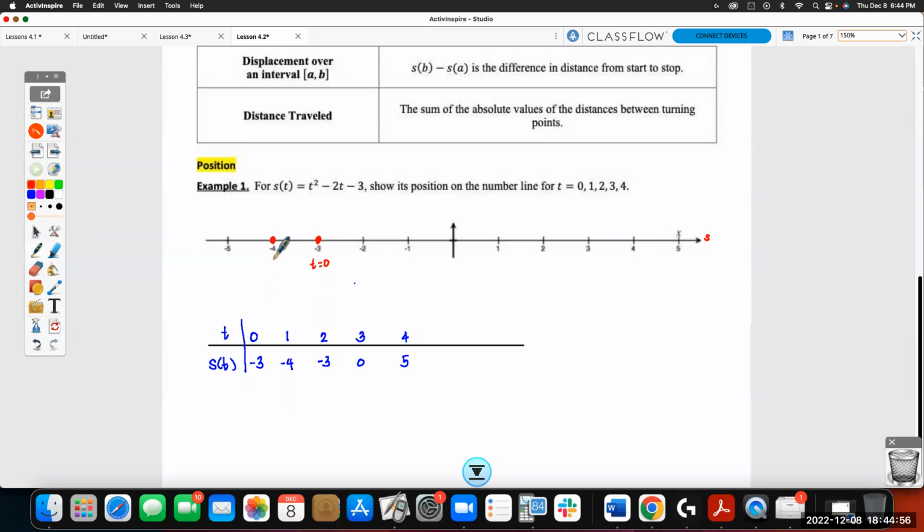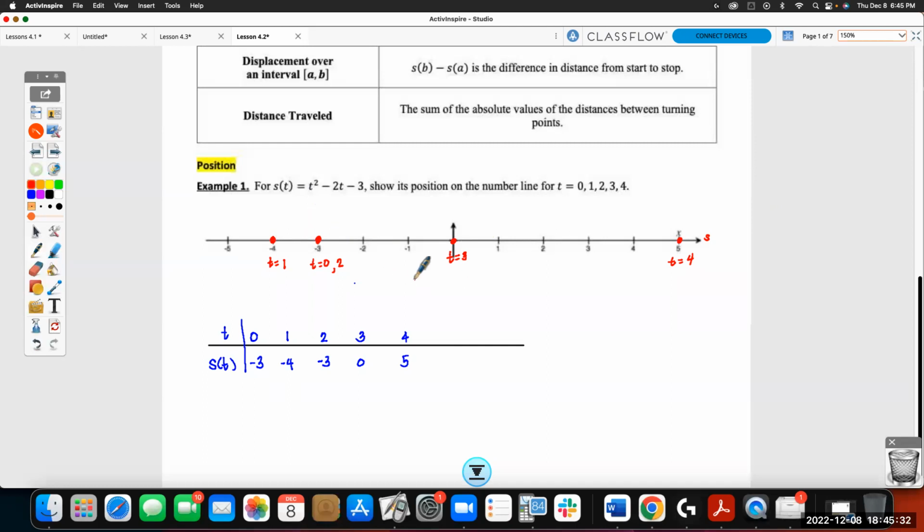So the particle is moving to the left. And then at t equals 2, you go back to -3. So it went left and then it went right again. And then at t equals 3, you have it at 0. And then at t equals 4, the position is at 5.